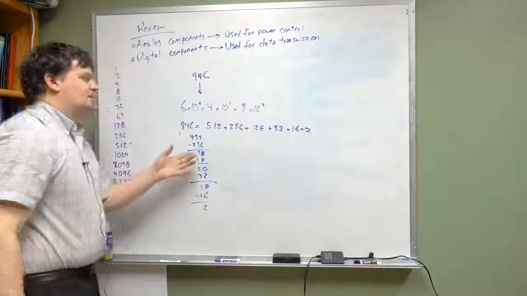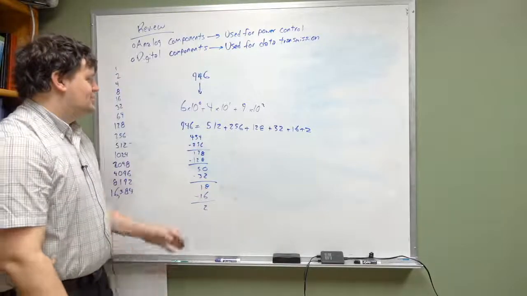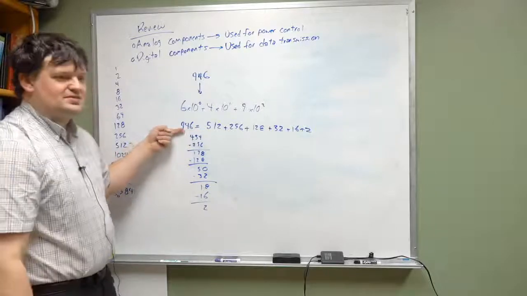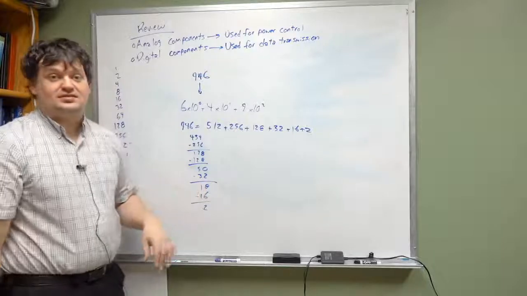Now again, this is a much longer way of writing it out, but I just broke it down by picking the biggest number that was under this and then subtracting it from it. That's the way that I see digital math.